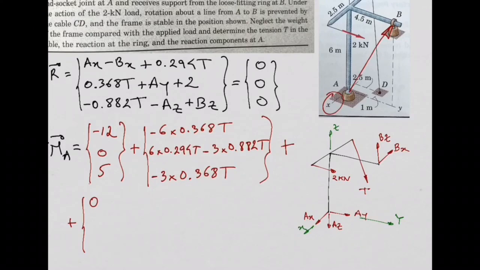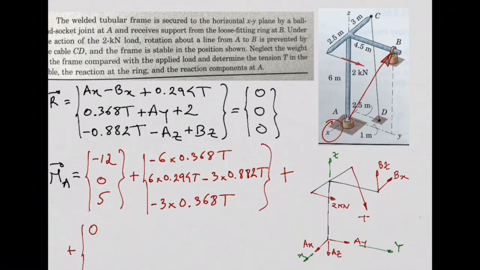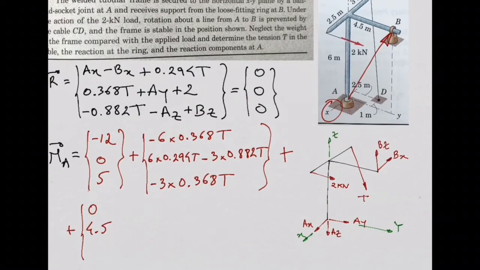So 0 for the x component. Y component, like you said, no, it's not 1. Sorry, it's not 1. Y component needs to be this component, right? This is my y component, which is 4.5, yes. I said 1 before, so I apologize. So 4.5, and the z component is 6.